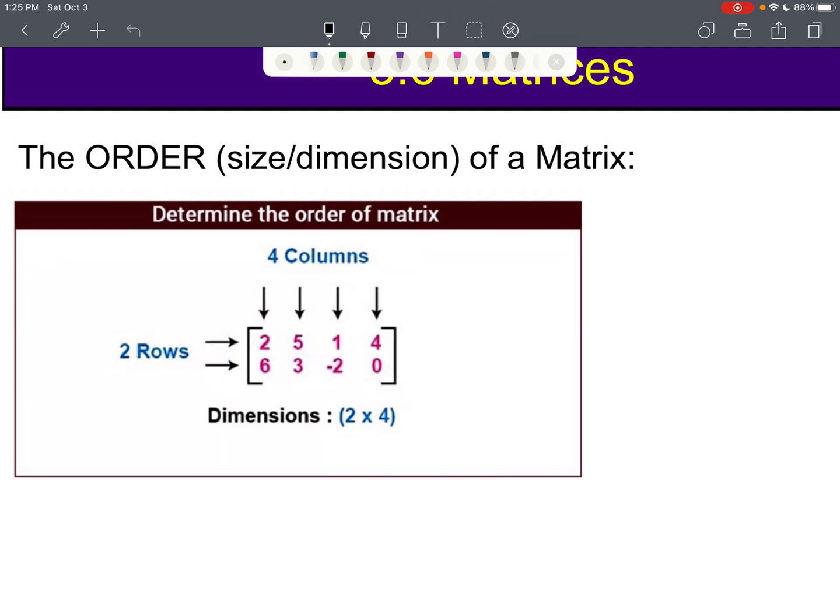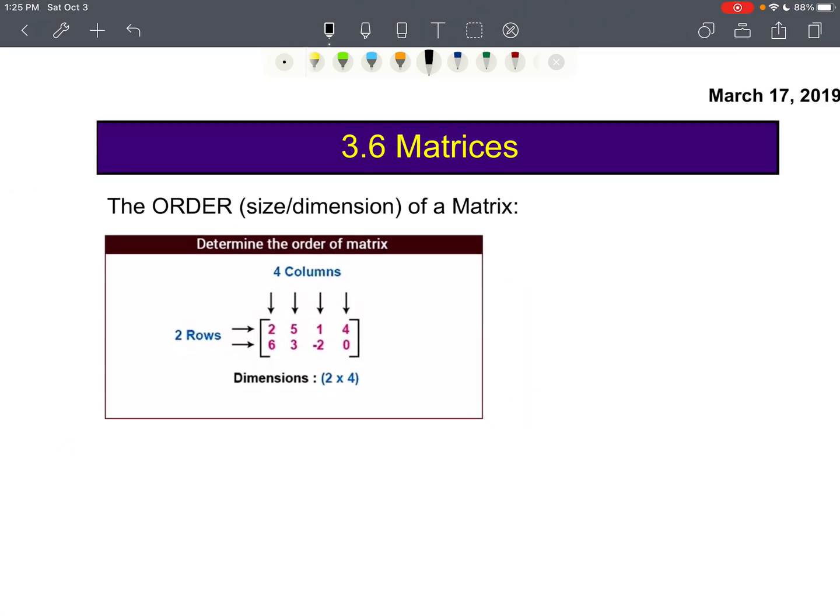So we always name our matrices or given order by the rows first. Right, rows by columns. So the rows come first and then the columns follow.